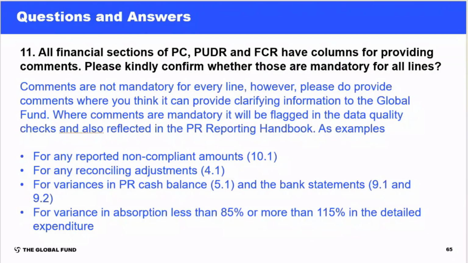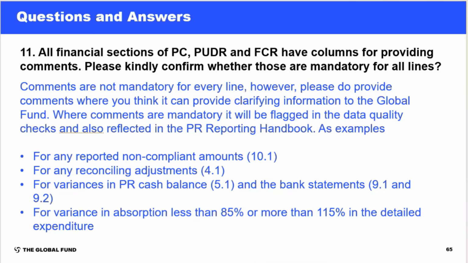Where comments are mandatory, it will be flagged and the system will have a blocking control. You will see it flagging red, so you will not be able to submit the form. Some examples would be if you have any non-compliant amount or any reconciling adjustment, as someone just asked before on 4.1: if there is any number entered there apart from 0, you will have to provide a commentary.